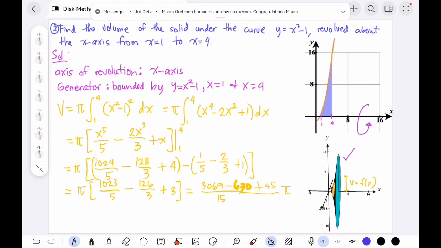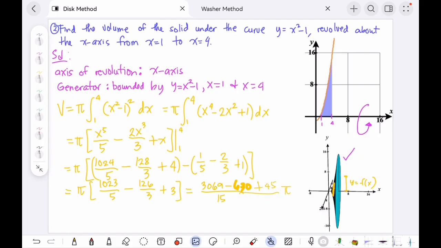So what is this? This is 2484 over 15 pi cubic units. So that's it.